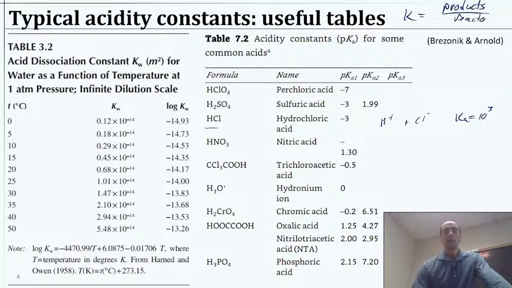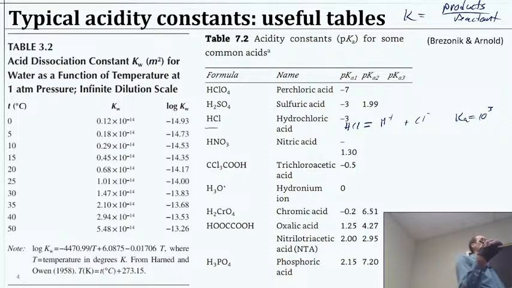meaning in the case of HCl, if the reactant is HCl and the product, if it's HCl in equilibrium with H plus and Cl minus, this Ka means there's 1,000 times more products than reactants.